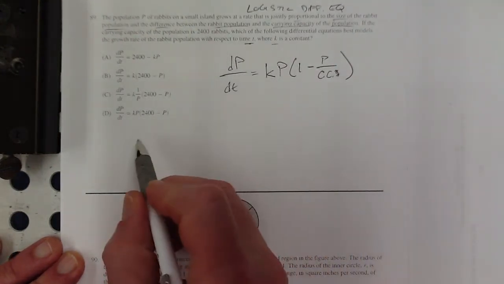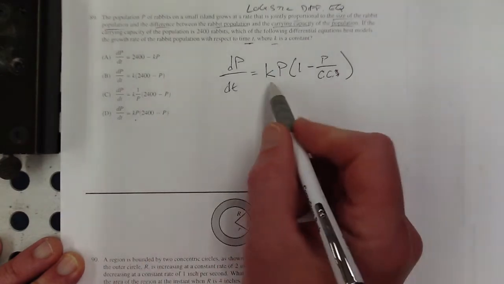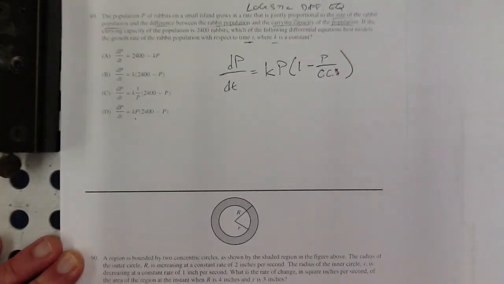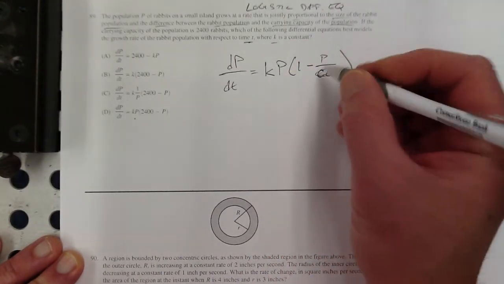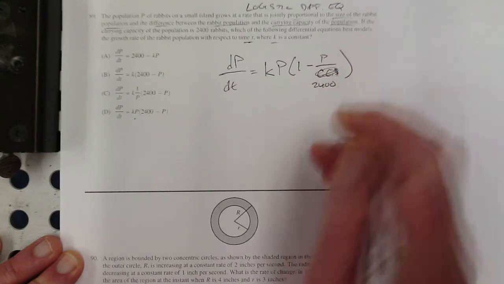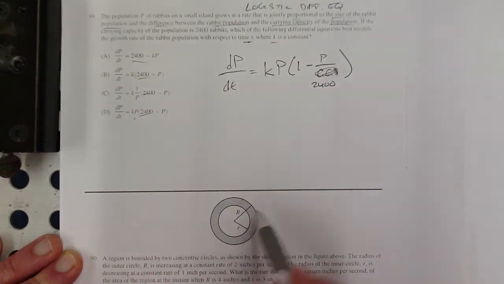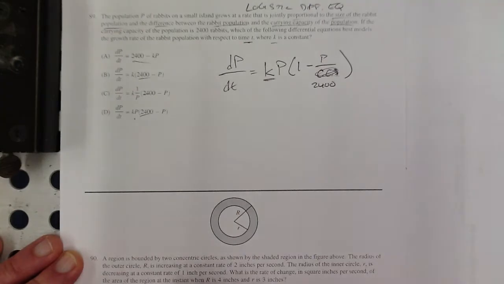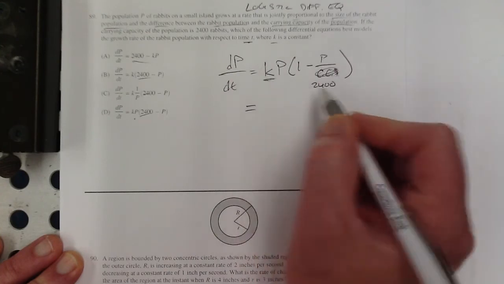And in the choices that they're giving us, let's distribute this out and see which one it could be. This is the carrying capacity, so I should have just put the 2,400 in there, right? And you can see all of their versions have 2,400 as that constant. So this k, which hasn't been solved for yet, can just absorb the 2,400.